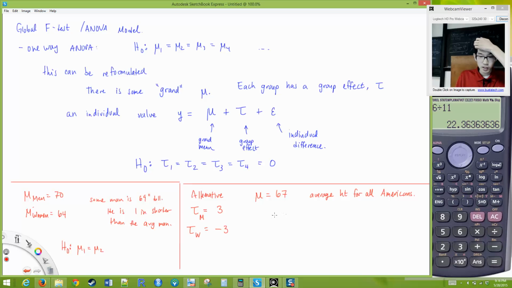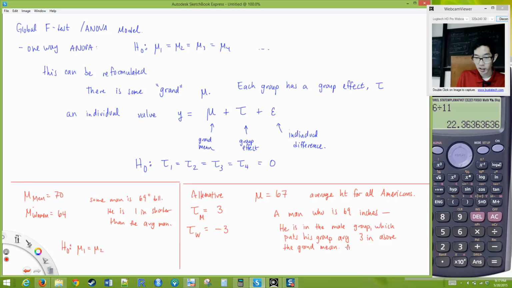In this formulation, we would say he is in the male group, which puts his group average three inches above the grand average or grand mean, and he individually is 1 inch shorter than his group's average.